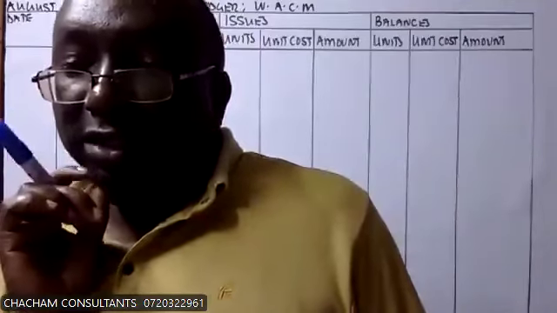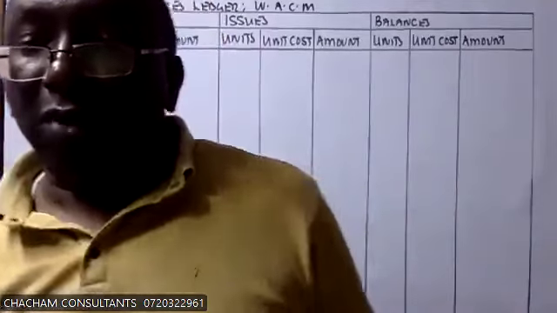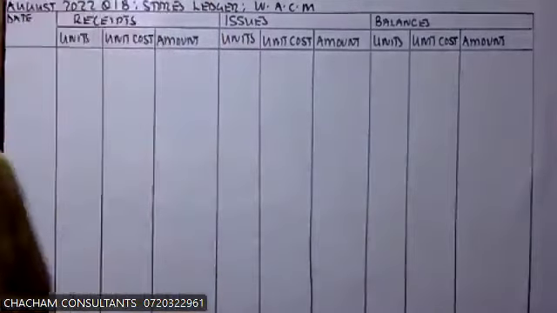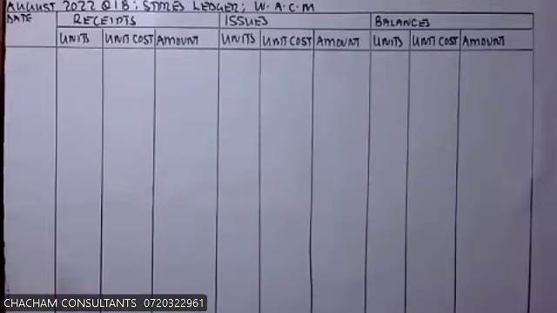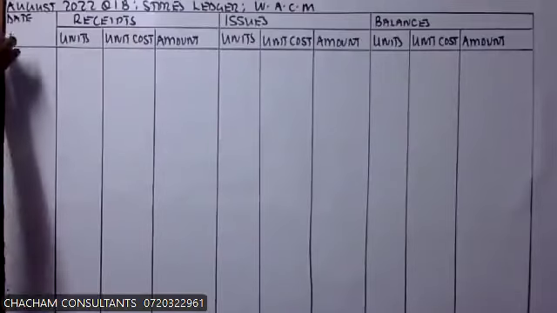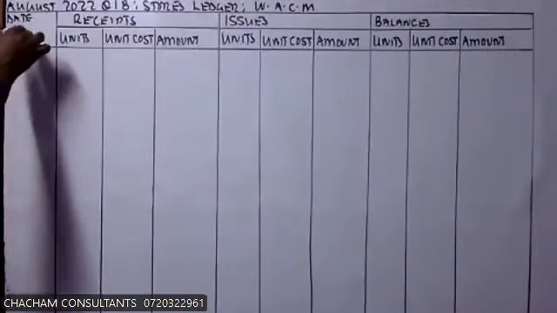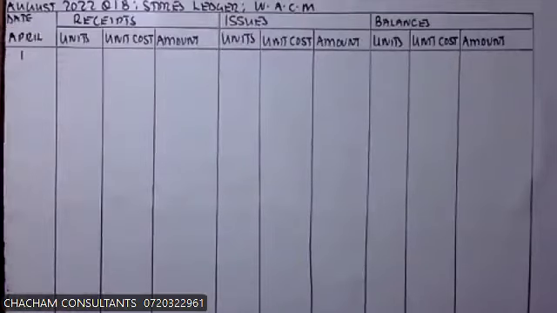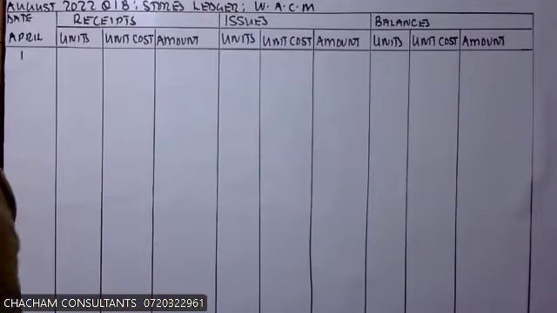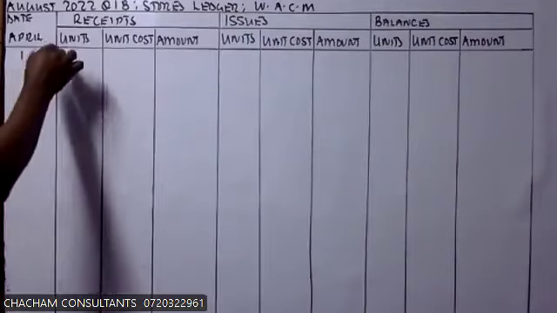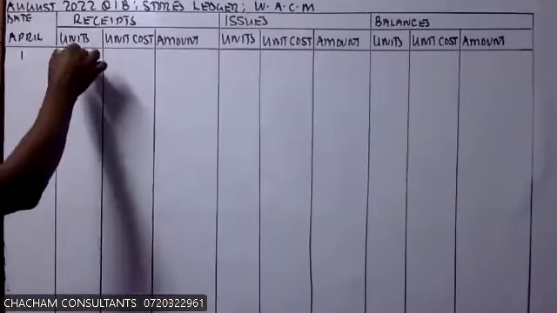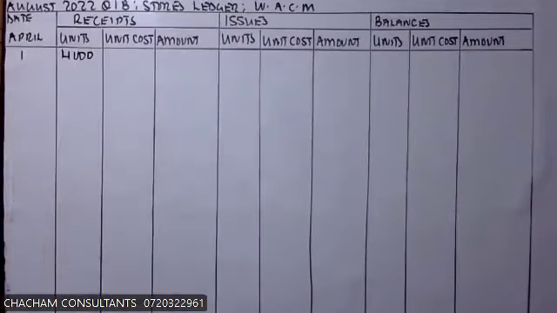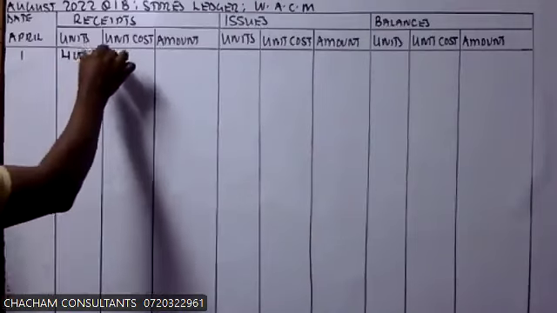So this is what we shall do. We begin with the 1st of April. So all of them are in the month of April, so I can write April here. April 1st, we have 4,000 units each at 100.